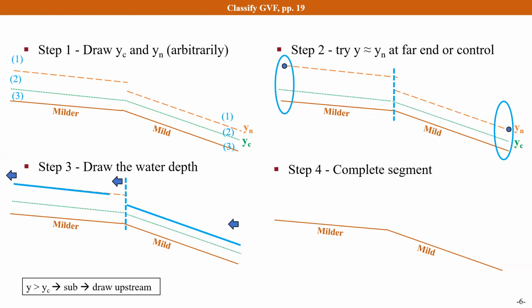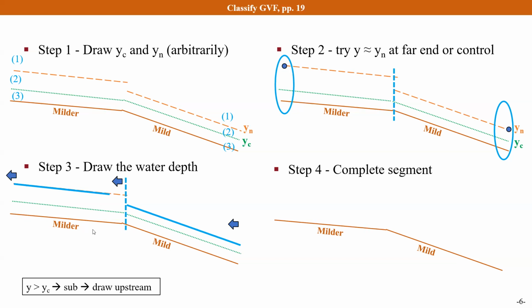And then we can draw the water depth, because the elevation of the blue dot in the milder channel is higher than the critical depth, so there is a subcritical flow in the milder channel. Similarly, the blue dot in the mild channel is also higher than the critical depth. So we have subcritical flow in both sections.